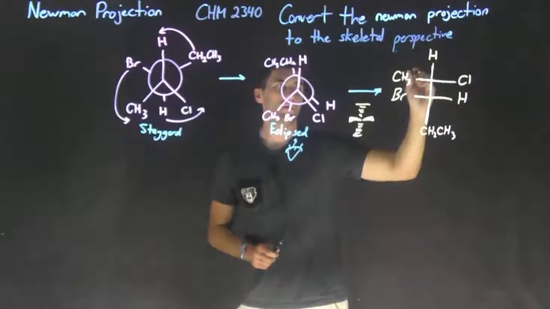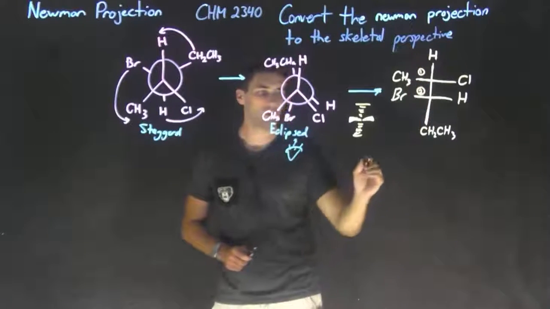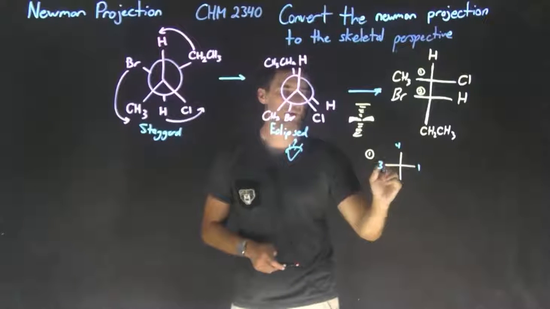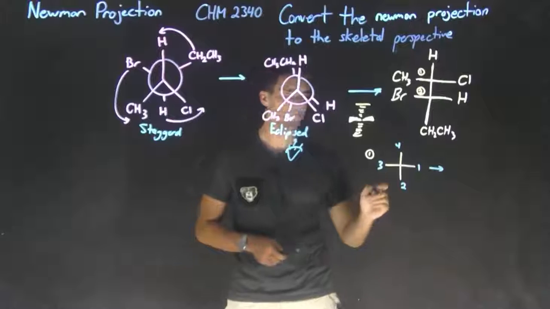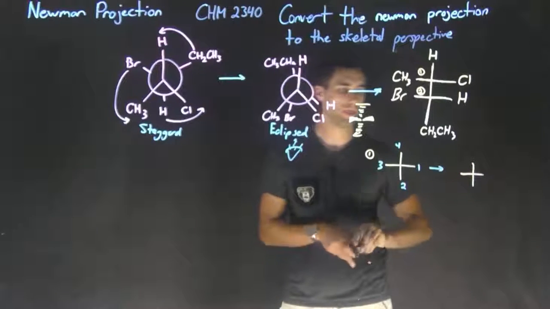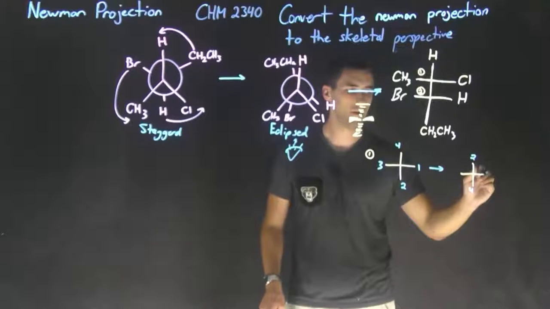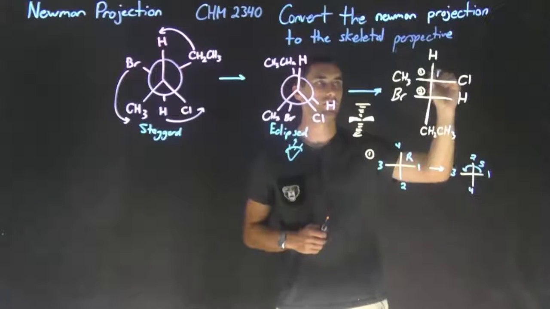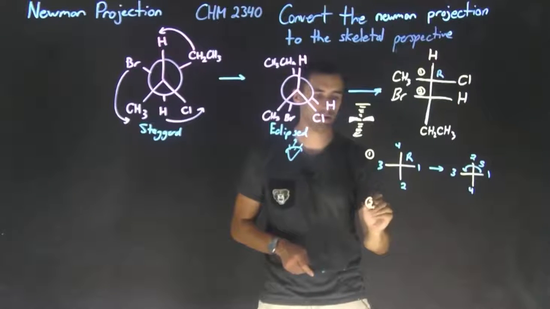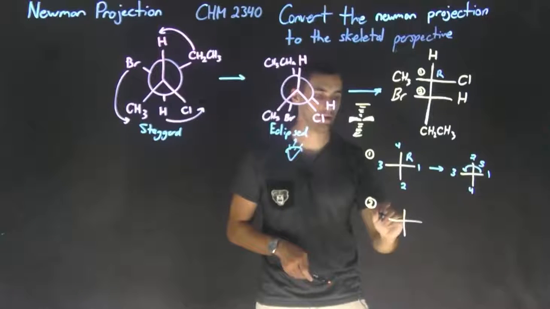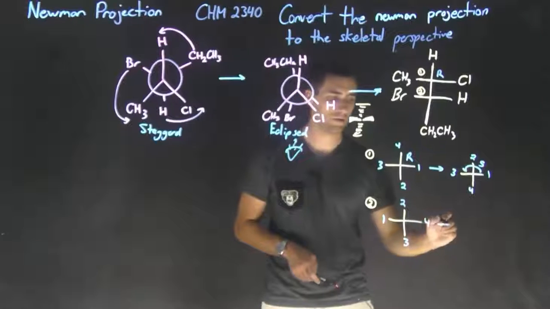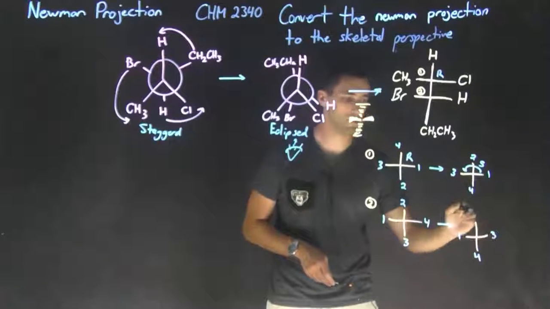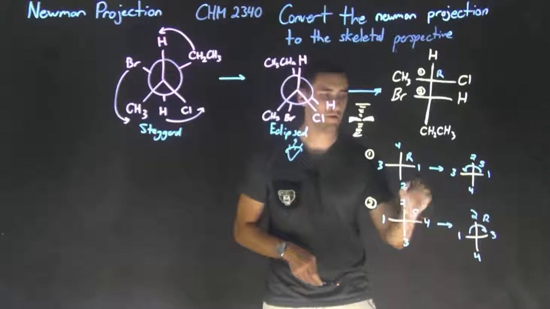For the top carbon, we have R. And then for the bottom one, we have S.